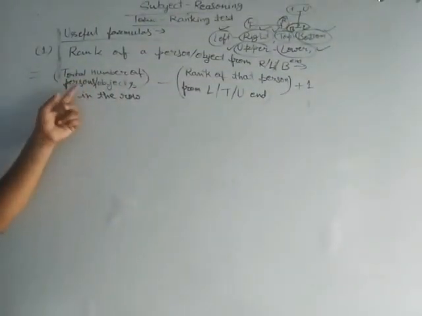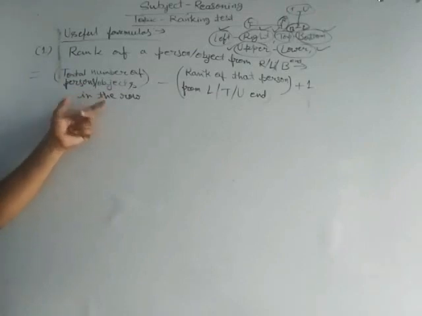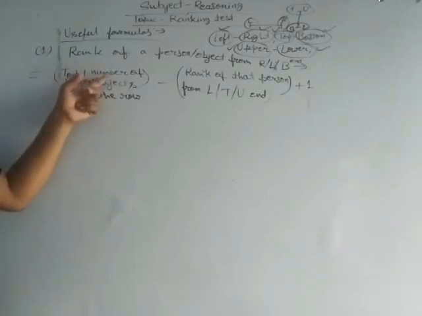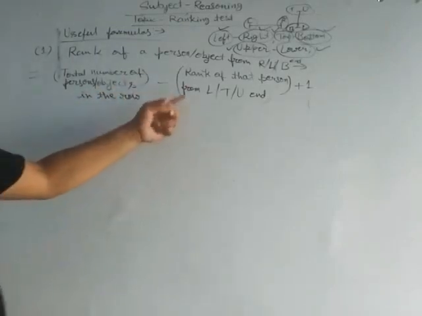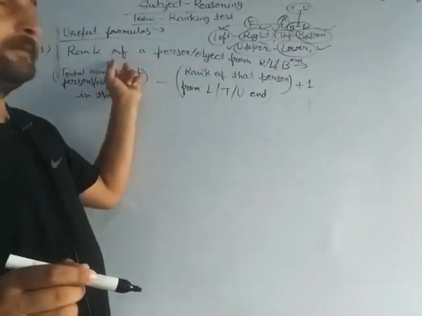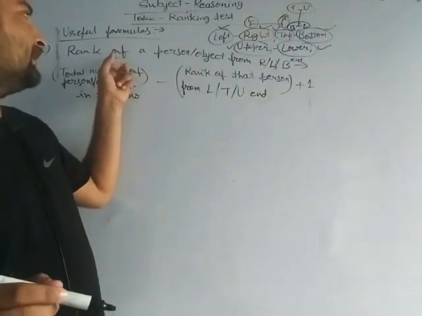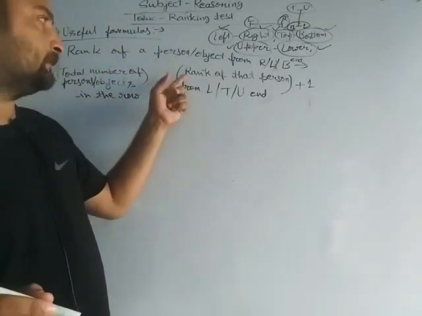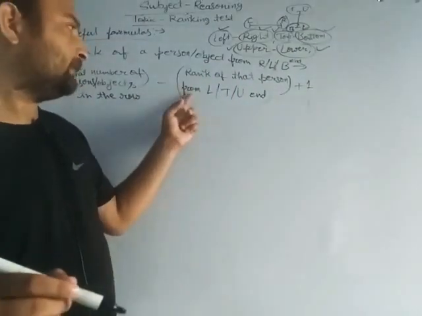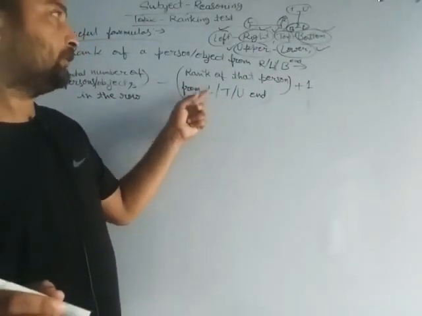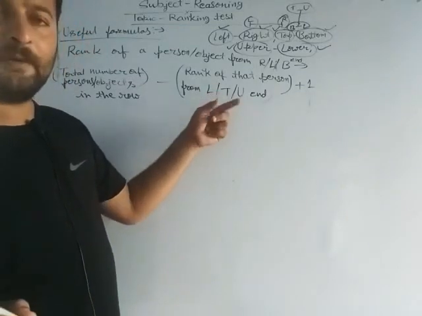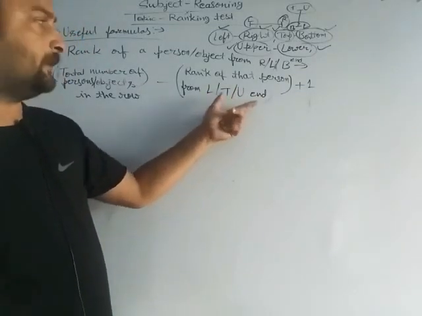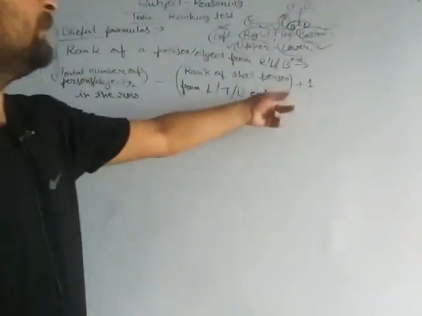Then the formula is: total number of persons or objects in the row minus rank of that person, the person whose rank is asked, from left, top or upper end, plus 1.